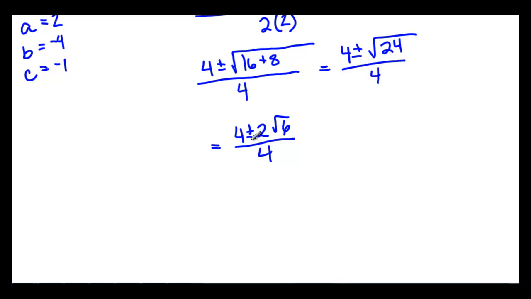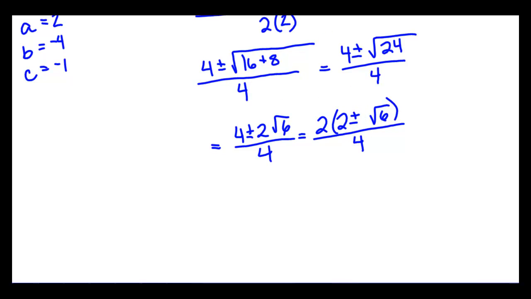However, we can factor these 2's out. So we'll be left with 2 times 2 plus or minus the square root of 6 all over 4. And so if we wanted to double check, 2 times 2 gives us 4, and then 2 times root 6 is going to give us 2 root 6, where we've kept the plus and minus.